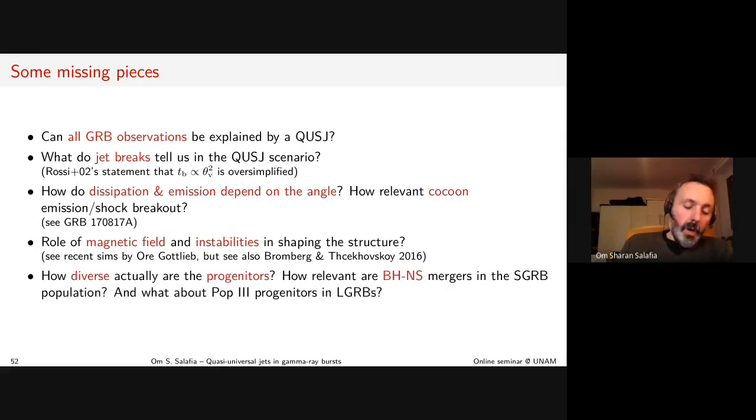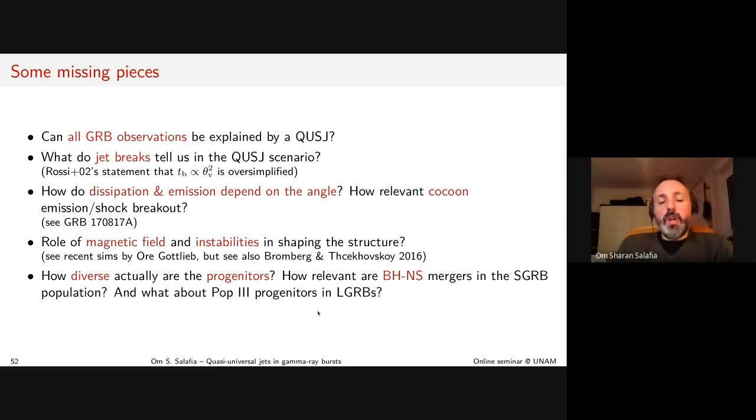On top of that, we really don't know how diverse the progenitors actually are. In the examples that I showed you, the progenitors were assumed to be identical to each other, but we obviously have some degree of variability between them.